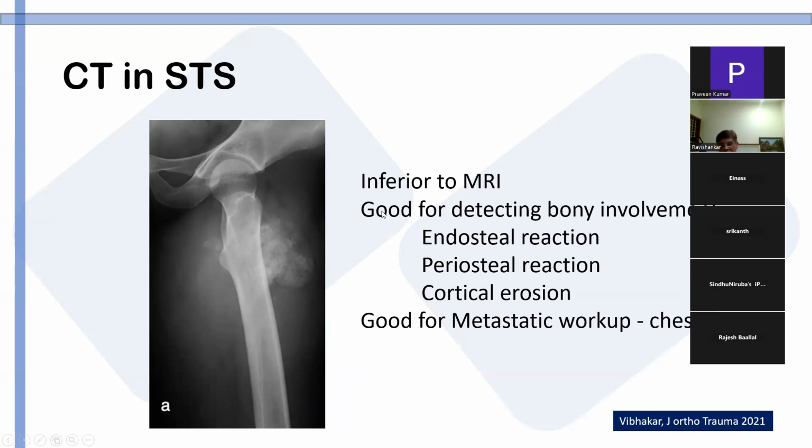And you mentioned a plain film. Okay, I put it up even though we don't routinely do it. What does it show that tells you that this is possibly a sarcoma? Nikita, you mentioned CT. Bony destruction is one which a plain film can show.